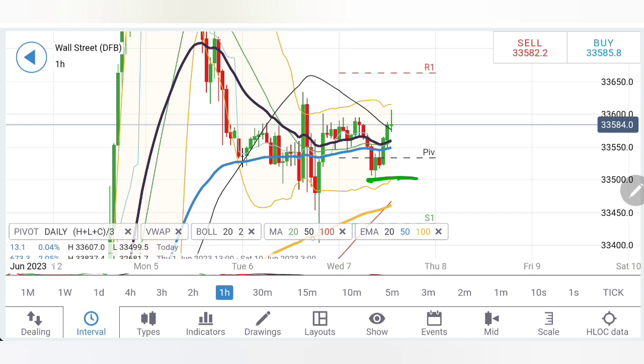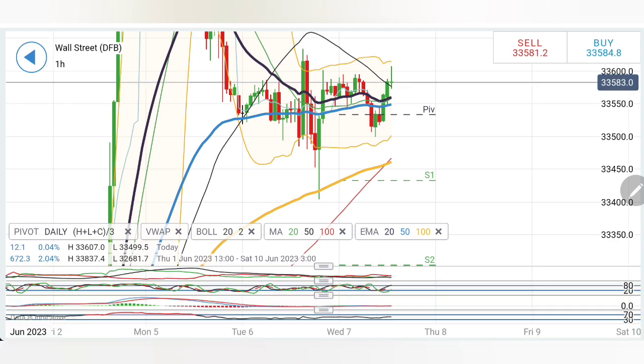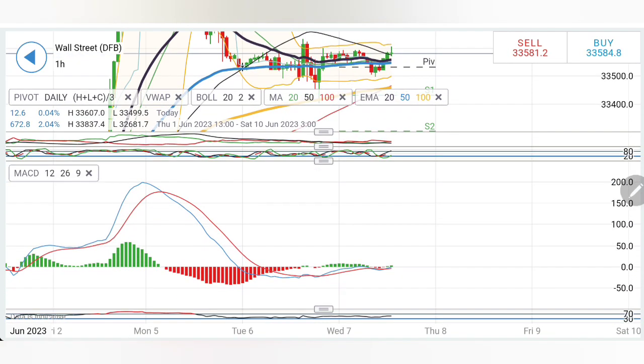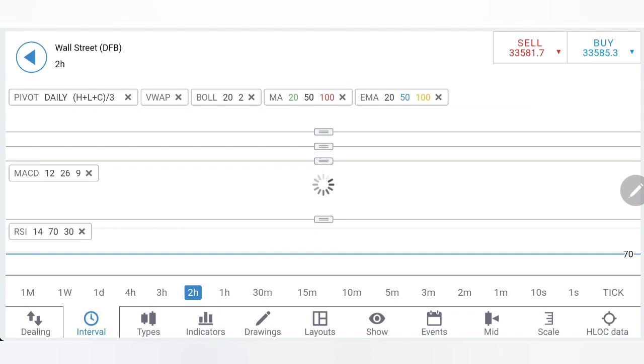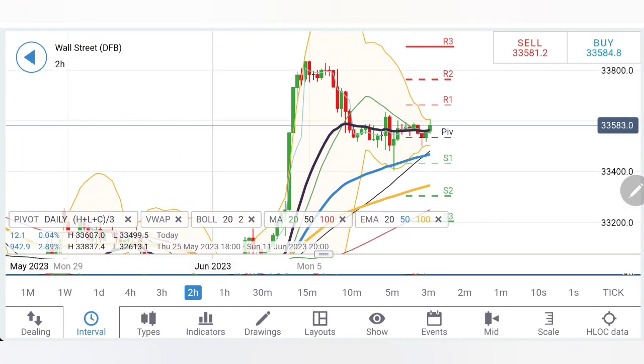At the same time, a sell entry is only below 33,500 levels, where you can expect a very good draw for 400 levels. 33,400 is indeed a very good support for now. Directional movement bearish, trying to cross over for a buy. Stochastic rising, MACD rising, RSI flat, and on the 2-hour charts also similar is the observation here.